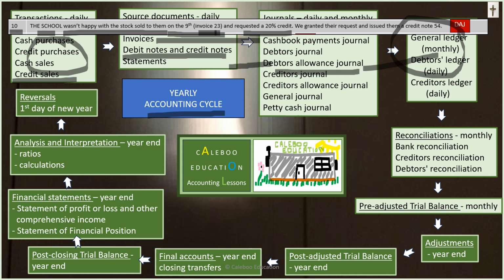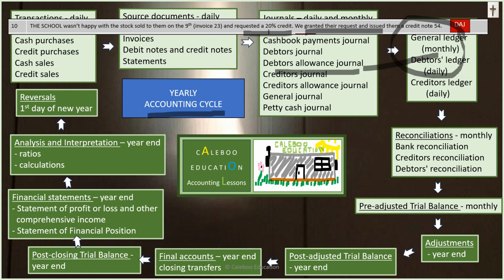This transaction is taking place on the 10th, and we investigated the situation and we granted them a credit. So they're going to get a 20% rebate on stock sold to them. Where are we going to record that? In the Debtors Allowance journal. So that's a typical transaction that will go into the Debtors Allowance journal.